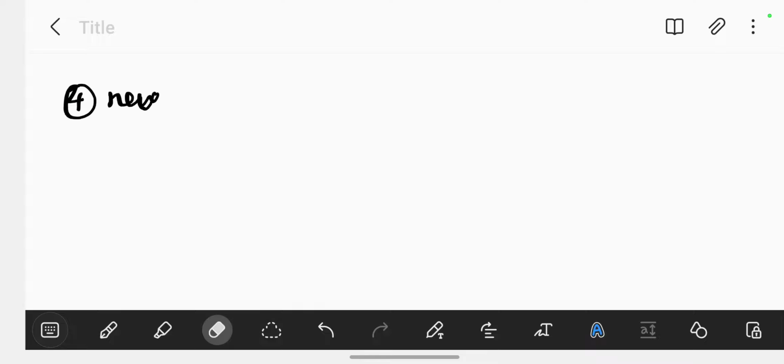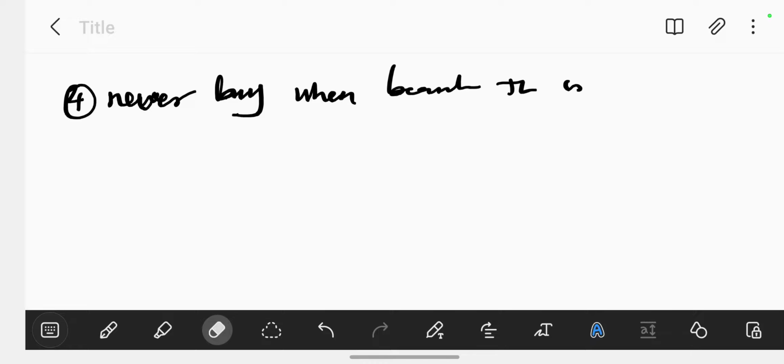Never buy when a bearish trend line is still holding. What do I mean by that?